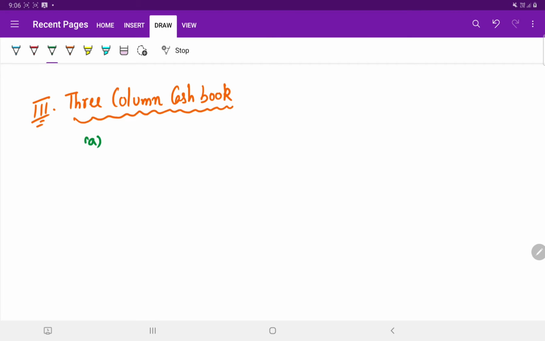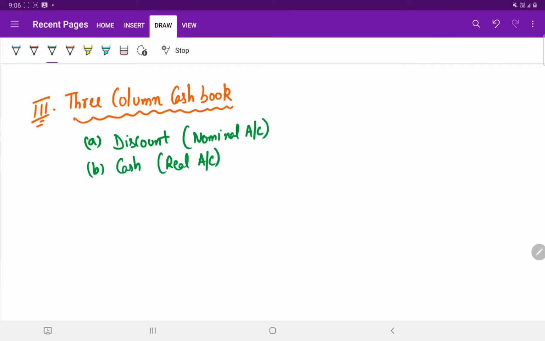The first one is for discount, which is a nominal account. Remember, the discount is a nominal account, the first column. The next one is the cash, which is a real account, and the third one is the bank, which is a personal account.